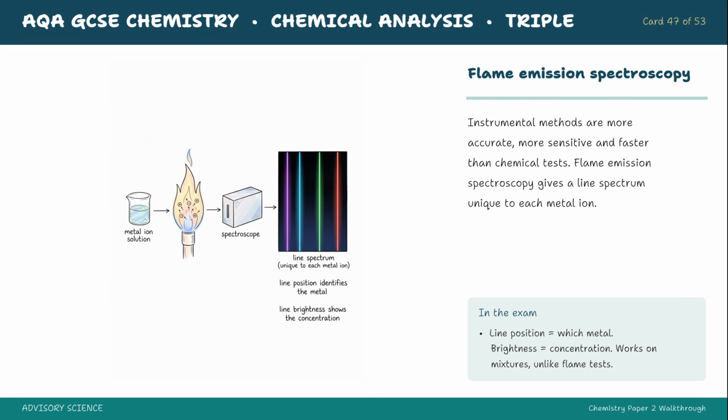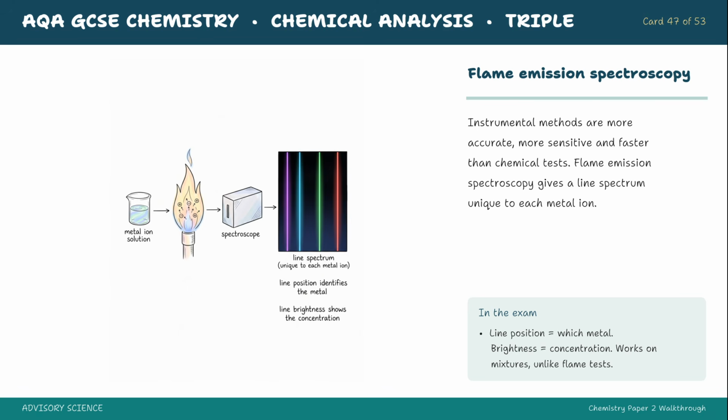Instrumental methods and flame emission spectroscopy. Modern laboratories often use machines, instrumental methods, instead of chemical tests because they're more accurate. They're also more sensitive because they detect tiny amounts, and they're much faster. One example you must know is flame emission spectroscopy.